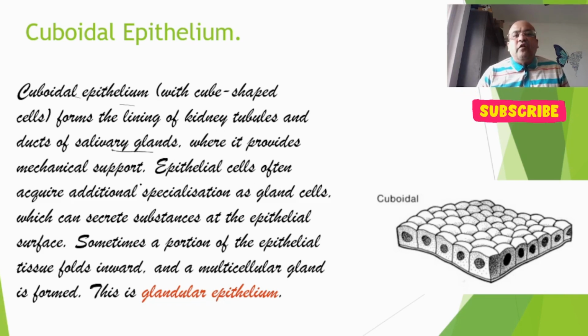Epithelial cells often acquire additional specialization as gland cells. Sometimes these epithelial cells have the additional responsibility of secretion, so they have specialization called gland cells, which can secrete substances at the epithelial surface.